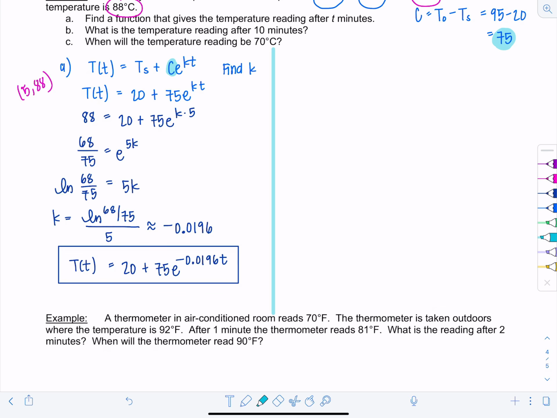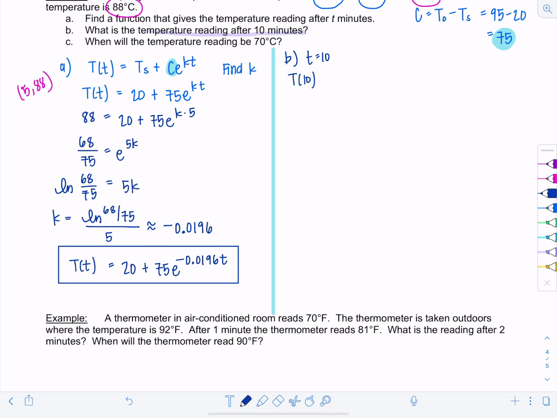Okay, part B. What is the temperature reading after 10 minutes? Okay, so I'm going to plug in little t equaling 10, yes? So for B, we're going to plug in little t equals 10 after 10 minutes.